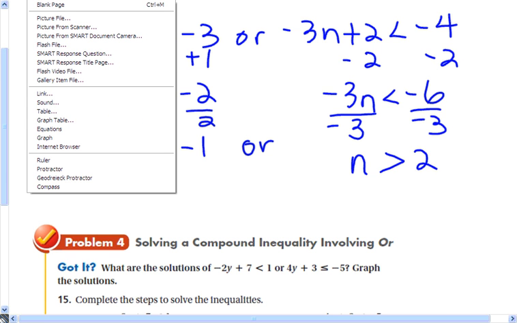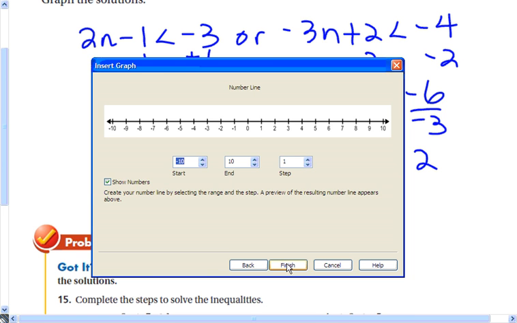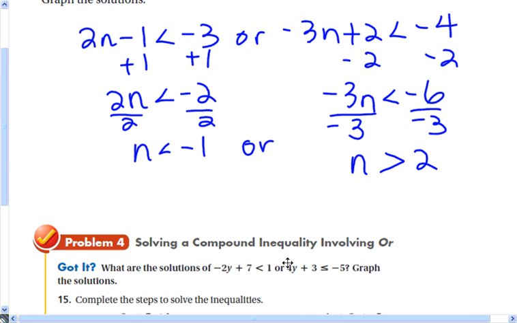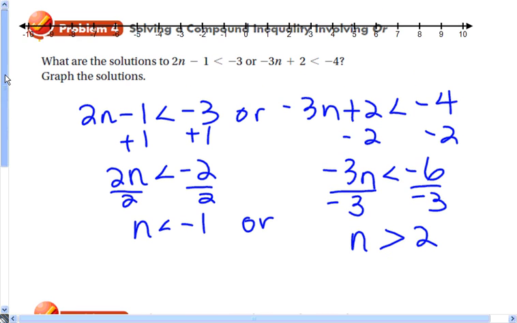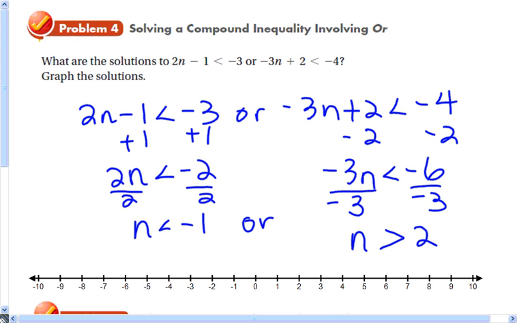We'll put our number line in. And since both of these are less than, not less than or equal to, or greater than or equal to, we're going to put an open circle at negative 1.